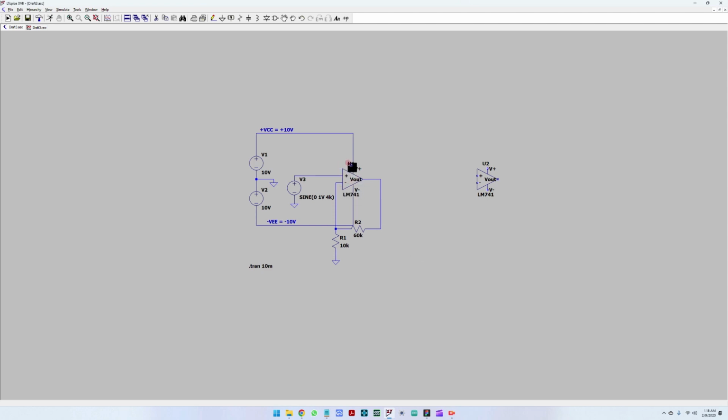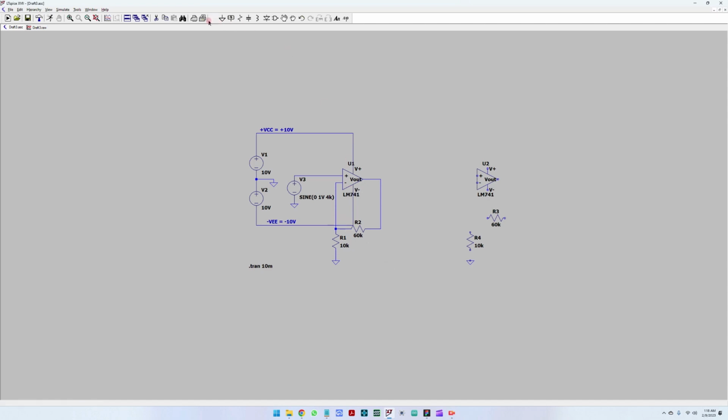So I'm just copying the LM741. I'm going to copy one of the feedback resistors, the second feedback resistor, the ground for the resistor, just to make it a bit faster and so that we don't have to draw it again.